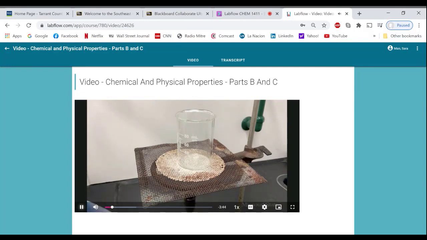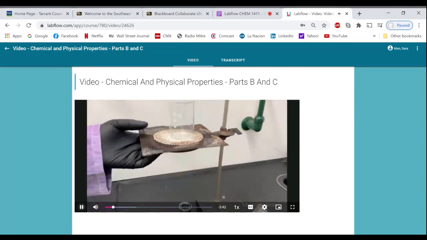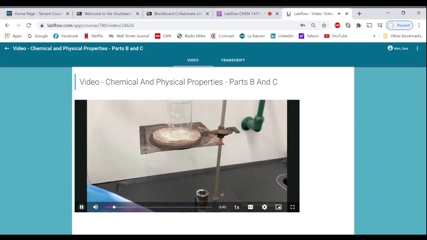So we have to pay attention and look. And then we will have to describe before heating. For now, all that is happening is that she's turning on the Bunsen burner. She's preparing the heat.